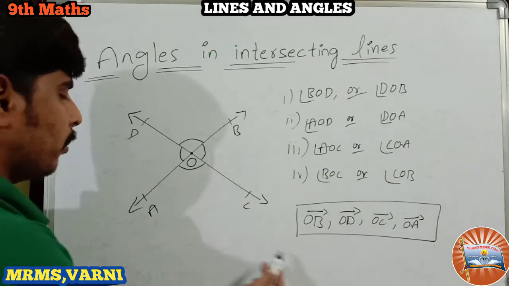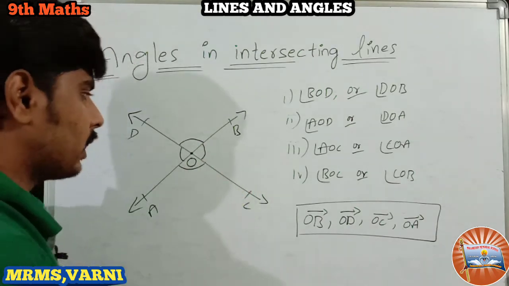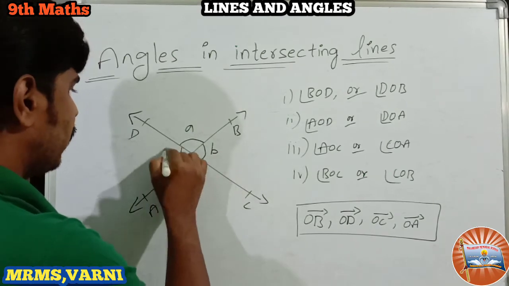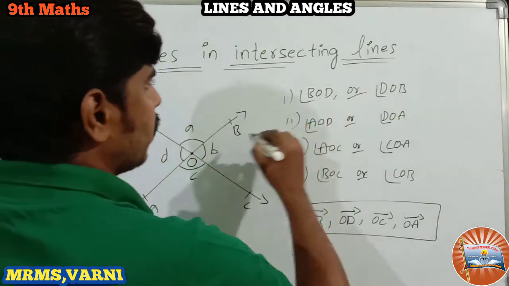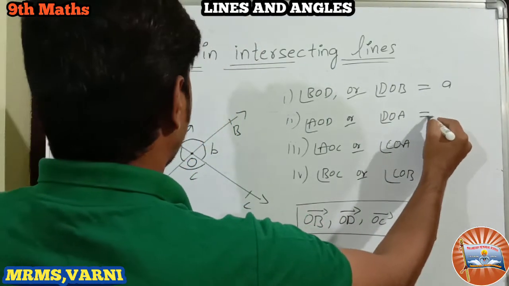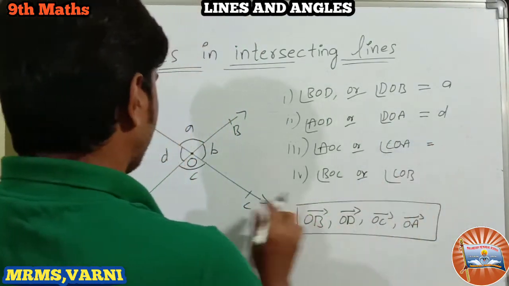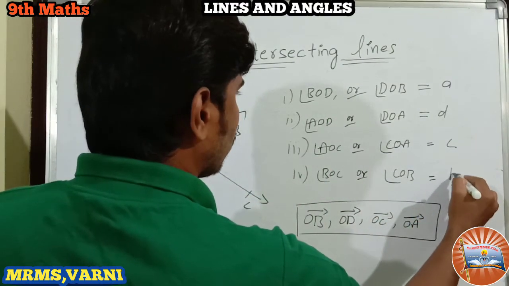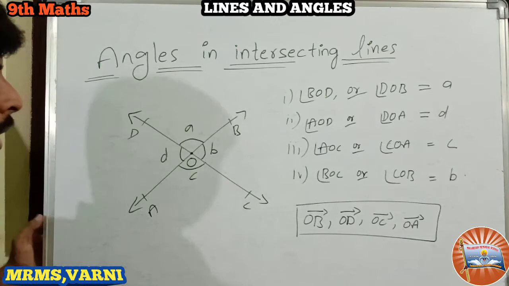Consider this one is A, this one is D, this one is C, and this one is B. Are you clear with this?